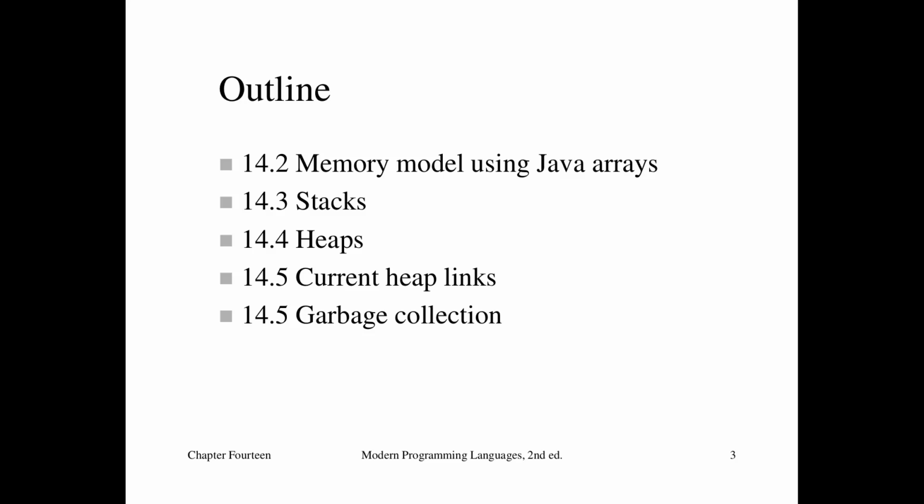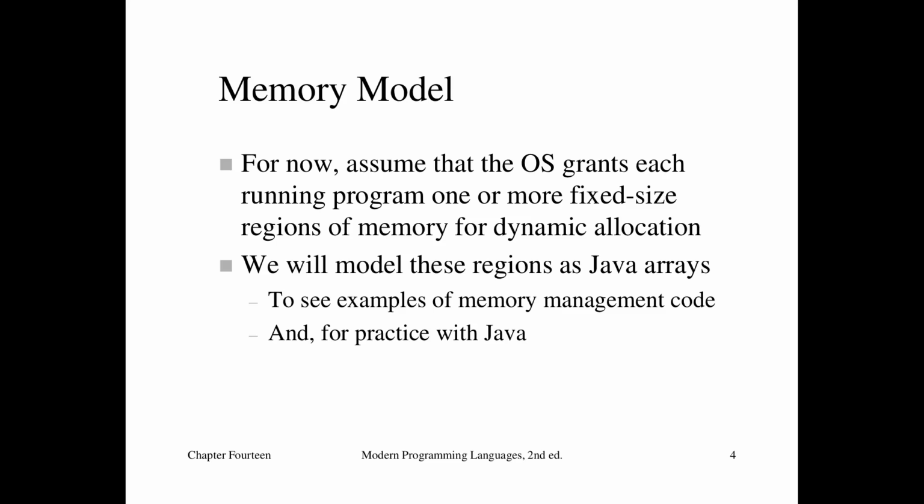How we're going to do this is we'll first talk about the concept of how we model memory using Java arrays as our basis for understanding this. And we'll start talking about the stack versus the heap, and then heap links, and then finally we'll get to garbage collection, which we've been alluding to since the last 3 or 4 lectures.